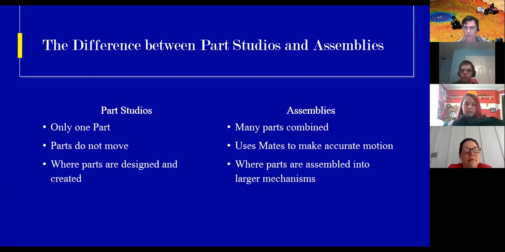There's no gears moving, no wheels turning. It's where parts are designed and created. But assemblies are where many parts are combined together. They're assembled into larger mechanisms so that you can see their motion, see how they interact, and see if they intersect or anything like that. So whereas an assembly might be a full robot, a part might be a single gear, that sort of thing.